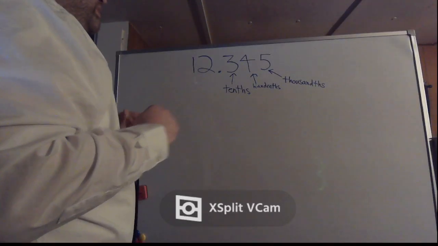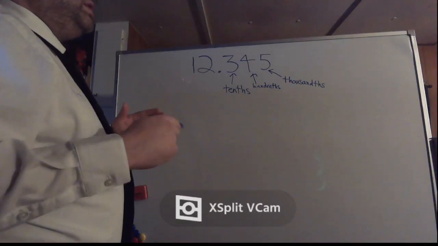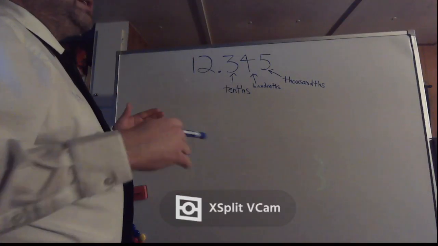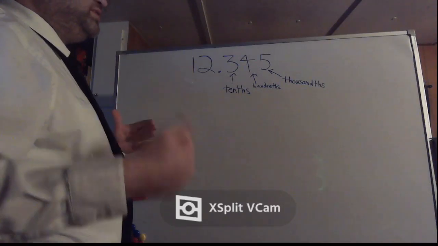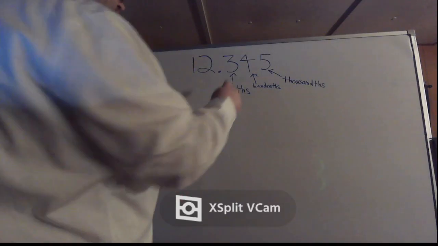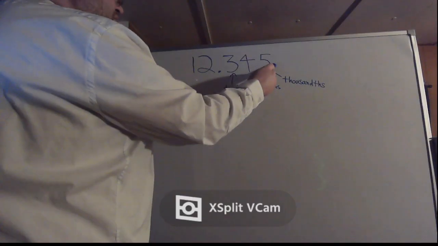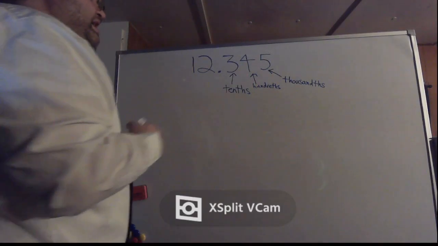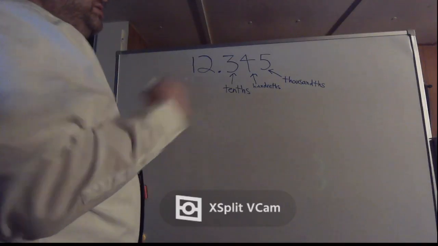With whole numbers, if you go from ones to tens, of course the tens are bigger than the ones and the hundreds are bigger than the tens. With decimals, it's reversed. The tenths place is bigger than the hundredths place, which is bigger than the thousandths place. Every decimal place you keep adding gets progressively smaller.